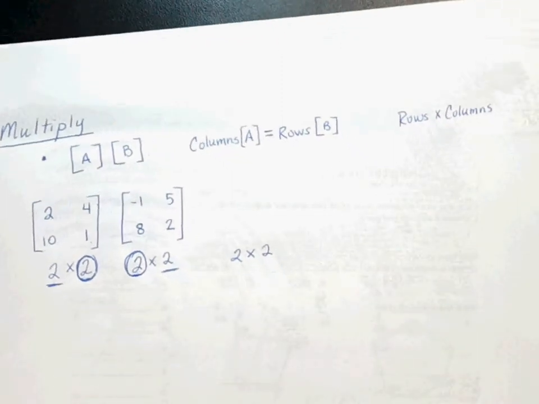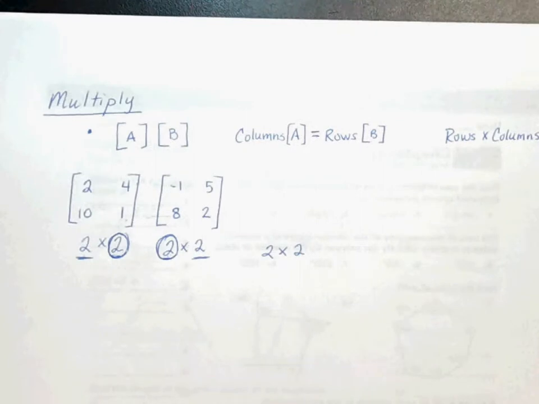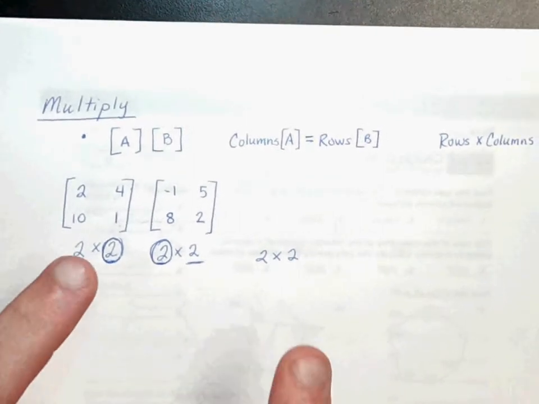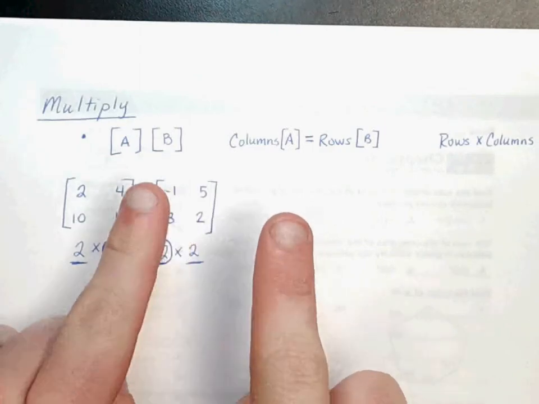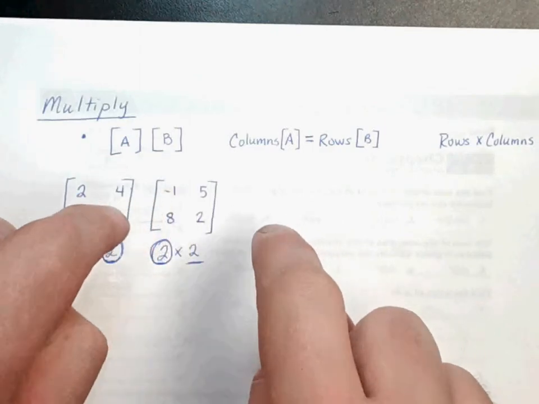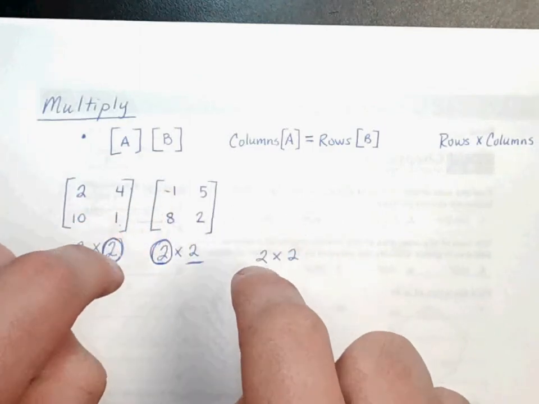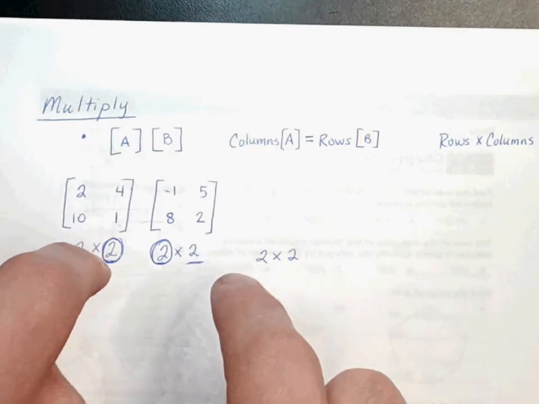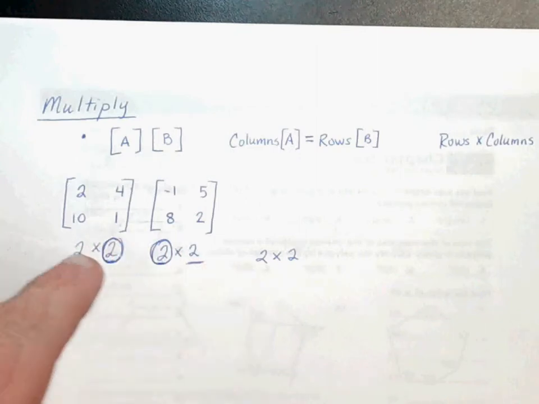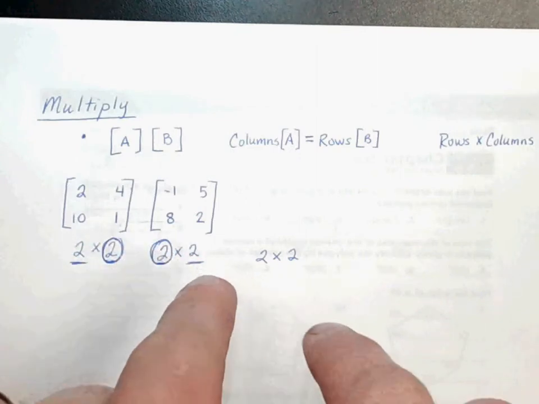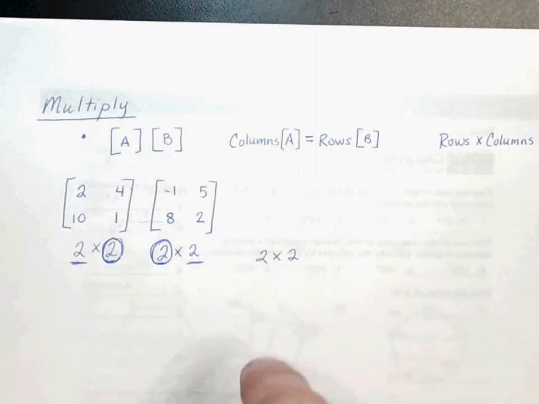Okay, so in order to multiply matrices together, right, I want you to put your 2 pointer fingers out like this. Okay? Actually point them down like this. In order to be able to multiply, you need to be able to take your left pointer finger and it needs to move this way, horizontal. Okay? And your right pointer finger needs to be able to move vertical, up and down.